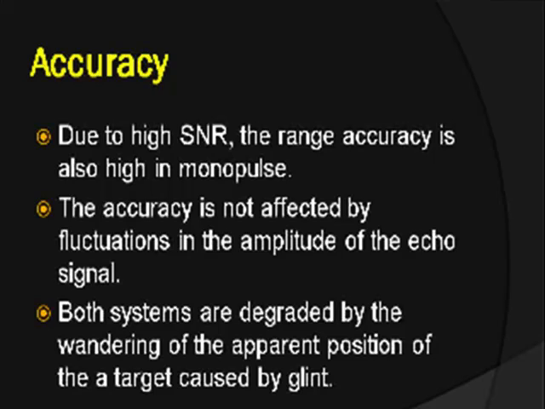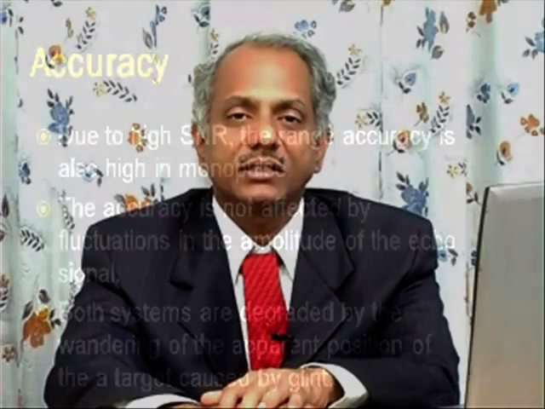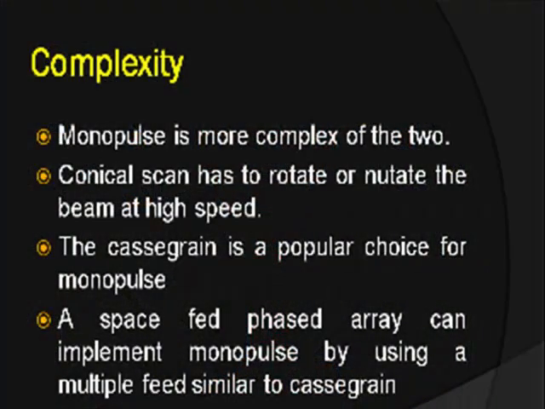Both systems are degraded by the wandering of the apparent position of the target caused by glint. What is this glint? We shall see towards the end. It is basically noise. What type of noise? We shall see later. Let us compare again in terms of complexity.